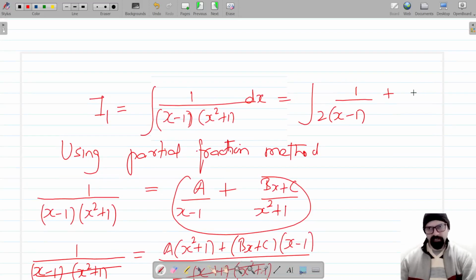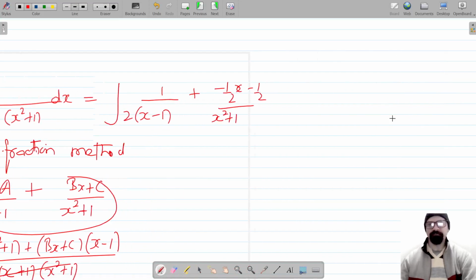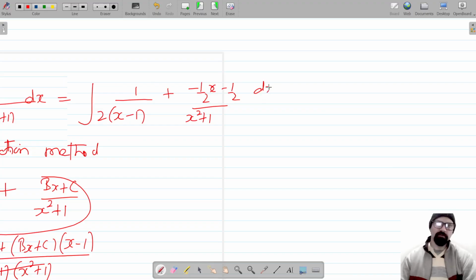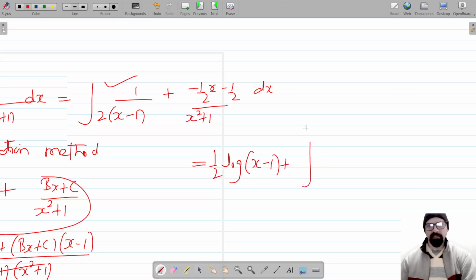B and c are negative half, so this becomes negative half into x minus negative half upon x squared plus 1 into dx. Okay, this term, right? So this becomes half into its integration, which is log of x minus 1. Let me separate these.